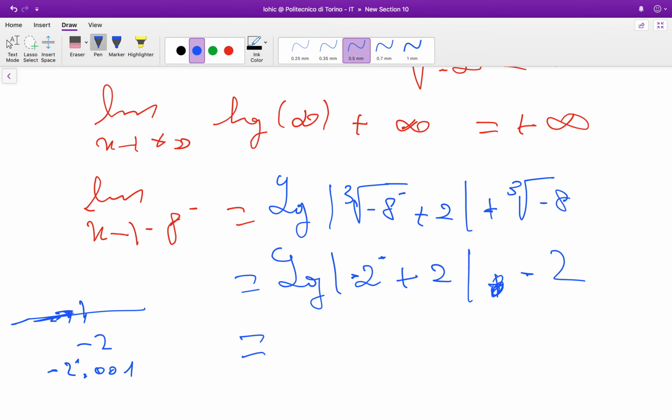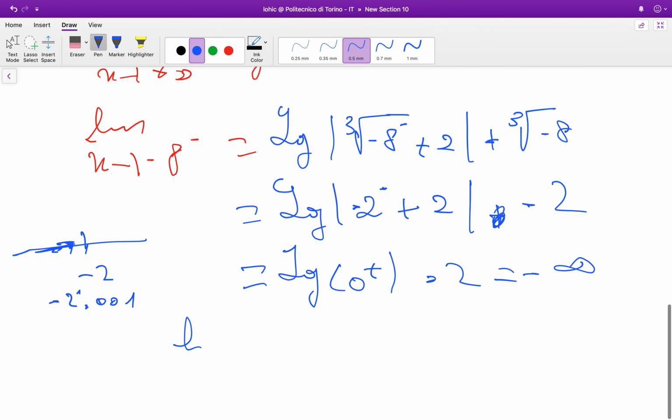So if I do minus 2 minus plus 2, it will be minus 2.0001 plus 2, it will be 0 minus 0 point something, so it's a negative 0. By the way, I don't care, there is the absolute value, so I will get the logarithm of 0 plus minus 2, but the logarithm of 0 plus is minus infinity, right?